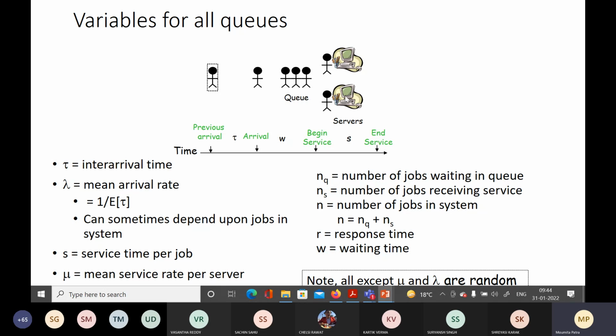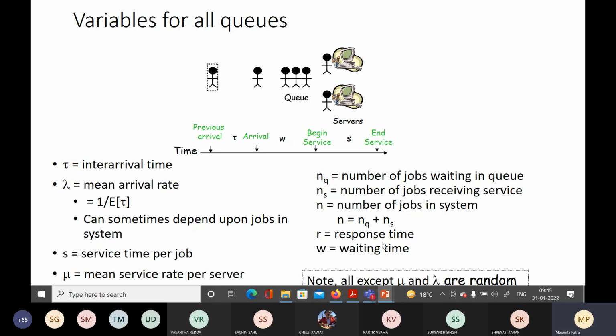Then we have nq, the number of jobs waiting in the queue, that is, how many students are waiting before they can be served. ns is the number of jobs receiving service; here you can see 2 students receiving service. And n is the total number of jobs in the system, the ones in the queue plus the ones being served, so n is equal to nq plus ns.